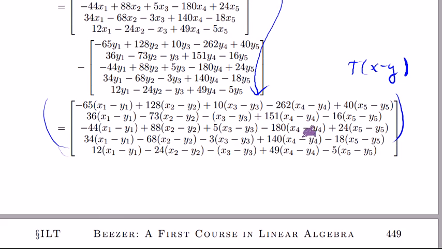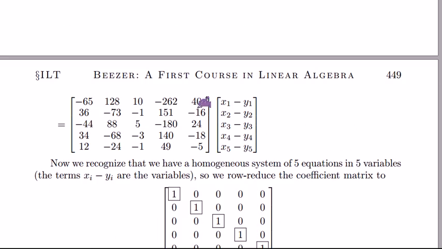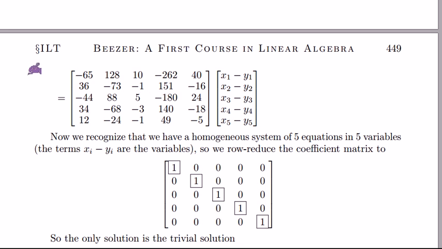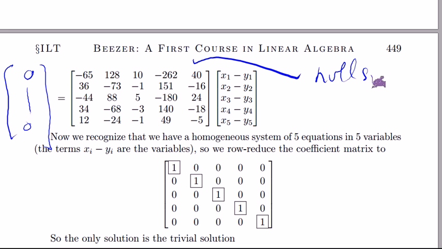So we know that 0 is equal to T of x minus y. Now, what we're showing here is about the null space of this matrix. If we have a solution of this equation, the 0 vector equal to a matrix times another vector, that means this vector must be in the null space of this matrix, which we'll call A.